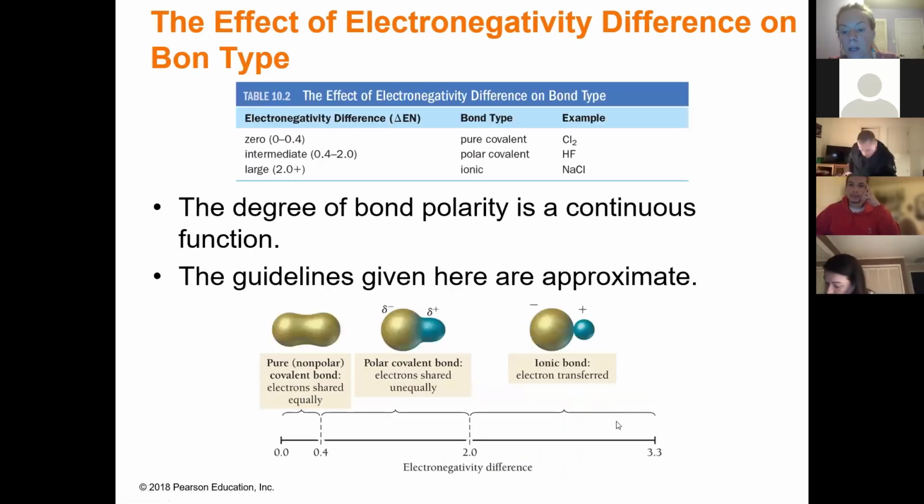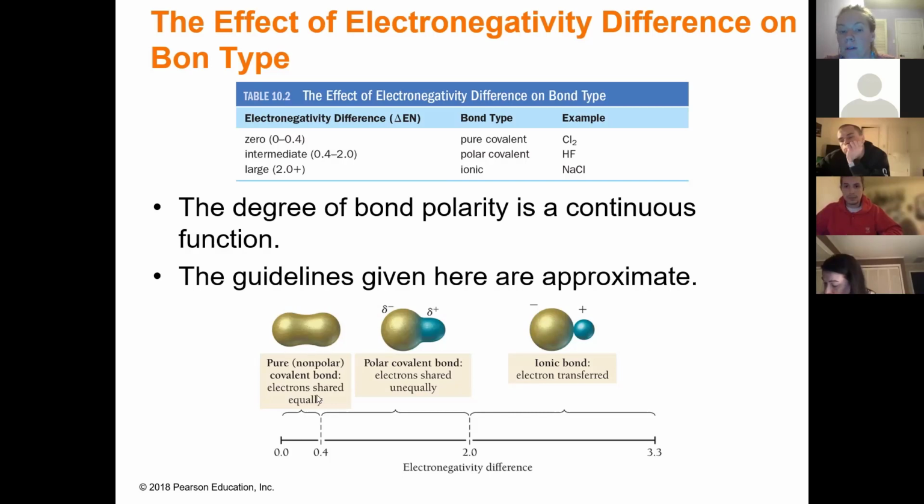There's a cutoff with the electronegativities, and it goes like this. If your difference in electronegativity is 2 or greater, we say it's an ionic bond. The difference there is so great that the electron just transfers. If the difference in electronegativity is 0.4 or less, this is pretty much when you're dealing with the same element. So chlorine bonded to chlorine, we say that that's a pure bond or a non-polar covalent bond.